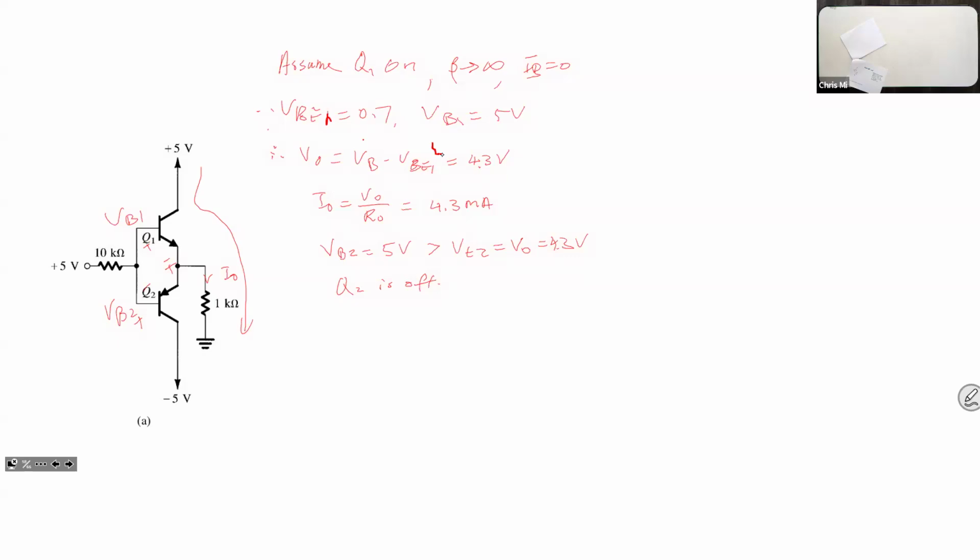Now last week we also made another assumption: that Q2 is on. We seemed to get a correct solution, but there was a glitch somewhere that we didn't catch. So we need to go back and ask what happened. If we assume Q2 is on, let me redraw the circuit.